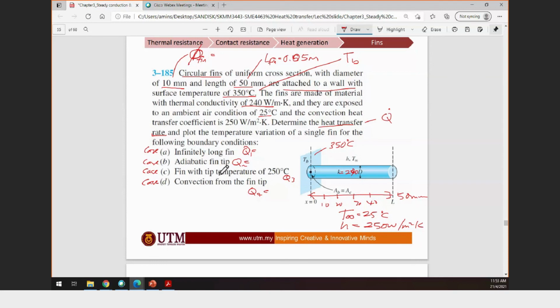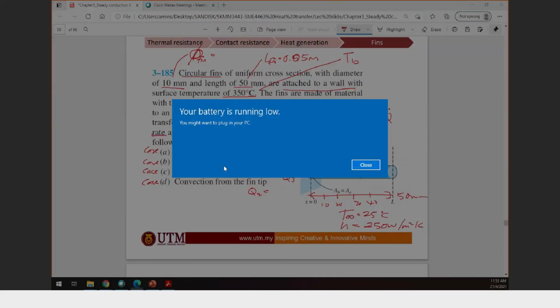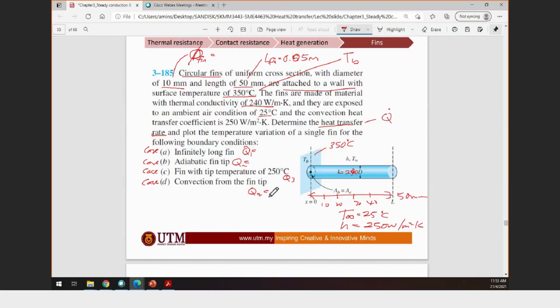By considering different boundary conditions. If you look at other exercises or problems, they might say to solve the fin by considering the condition at the fin tip is long fin, or adiabatic fin tip, or negligible heat loss, or convection.